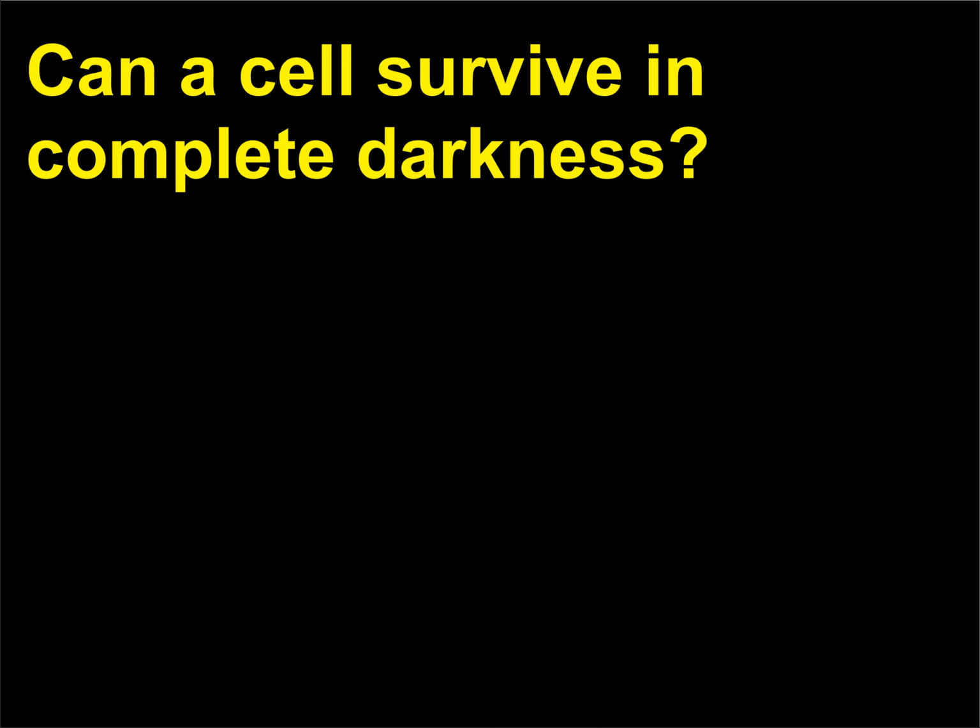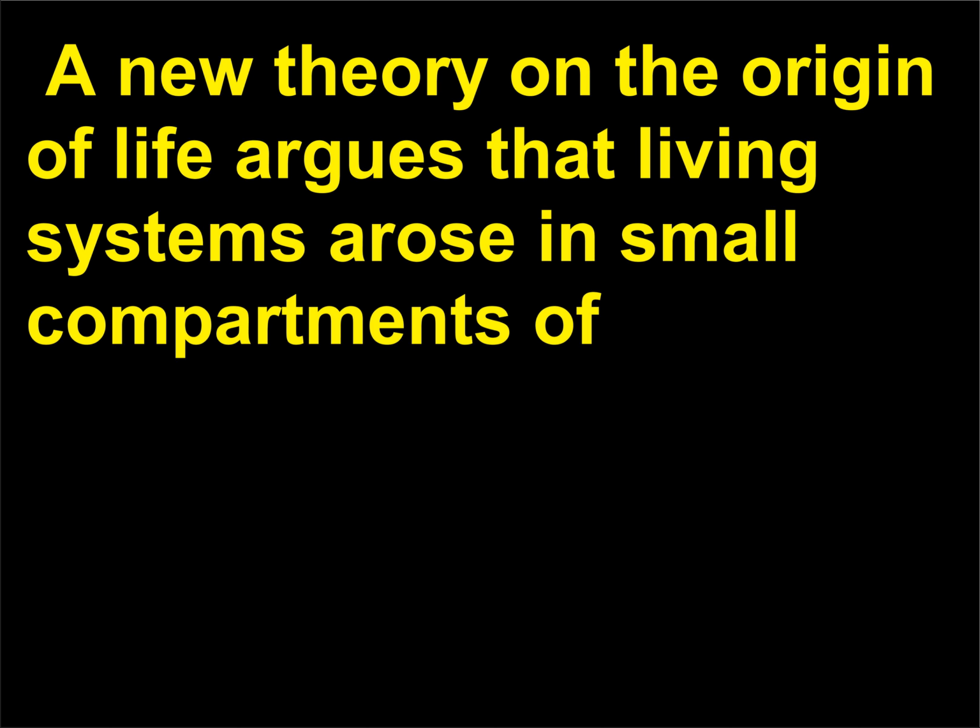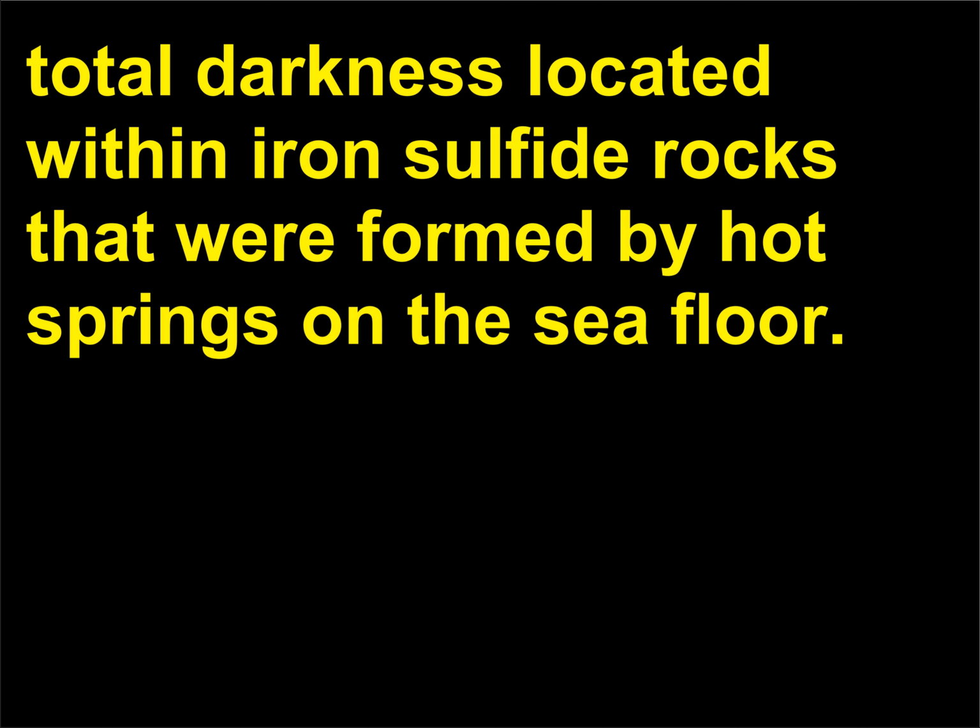Can a cell survive in complete darkness? Yes, cells can survive in complete darkness. A new theory on the origin of life argues that living systems arose in small compartments of total darkness located within iron sulfide rocks that were formed by hot springs on the seafloor.